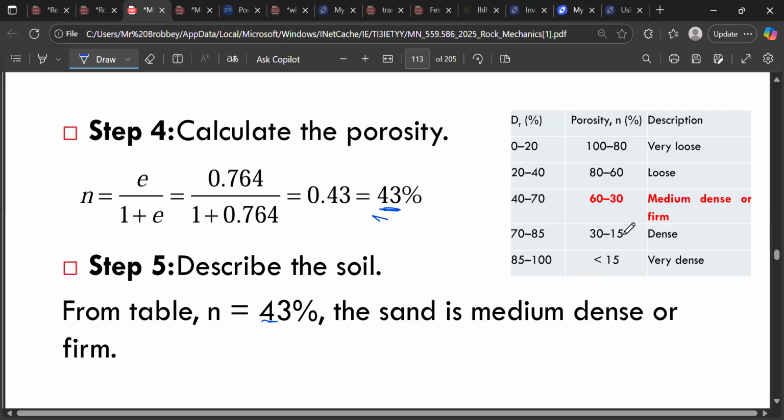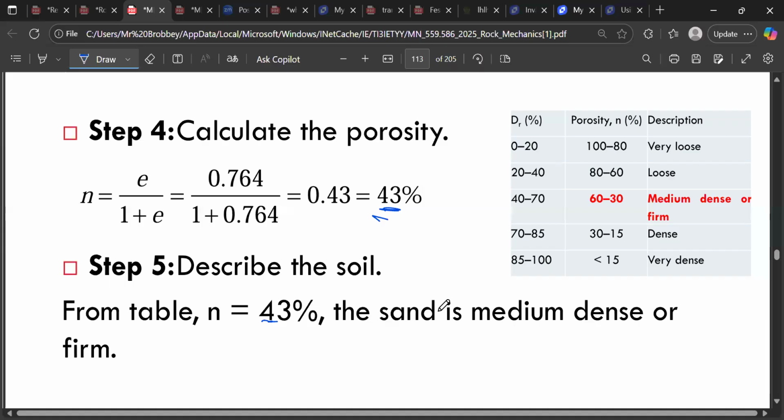So when we check the chart, we will see that N is about 43% and it lies between the medium dense or firm, right? Medium dense or firm. So I would say that then my soil sample that I have is a sand and it's medium dense or firm, anywhere I want to put it. But you will know that it is a medium dense or firm soil.